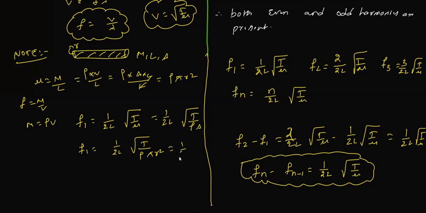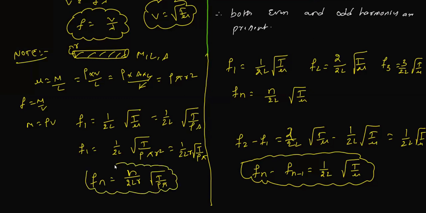Therefore F1 equals 1 by 2Lr into the square root of T by rho pi, where T is tension. As a result, the nth frequency Fn is n by 2Lr into the square root of T by rho pi. This is the nth frequency in terms of density, radius and length. These are the values we need to remember, very important for solving numericals in JEE, NEET, CET, or any competitive exam.